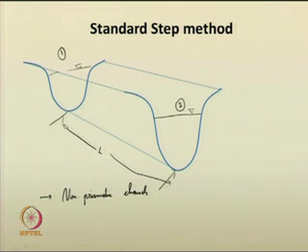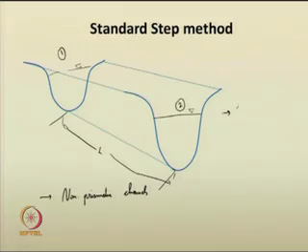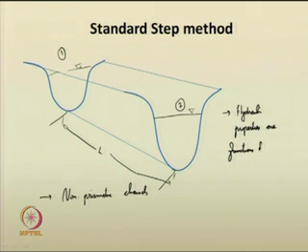Similarly, here also the flow properties are functions of x, especially if you evaluate the energy slope or the friction slope. So in a non-prismatic channel, the hydraulic properties are functions of both x and y.